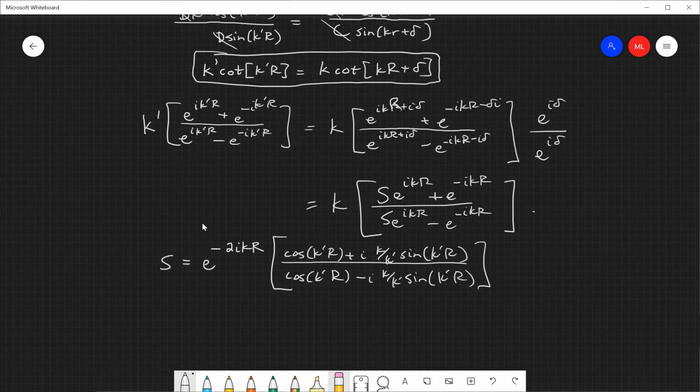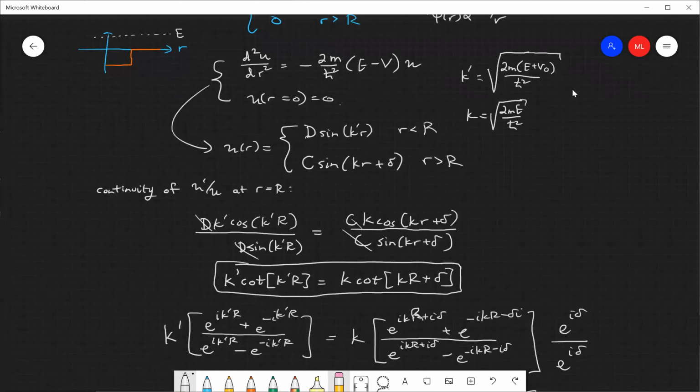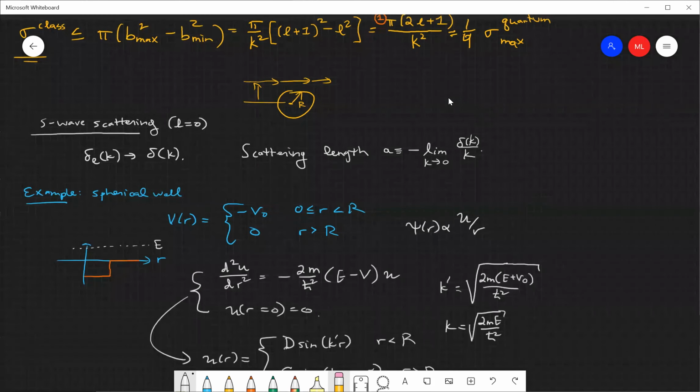The S matrix for the L equals 0 mode. We'll talk more about the S matrix later, but again, for now, just remember that this S is what comes into the general solution that we have for the wave function.